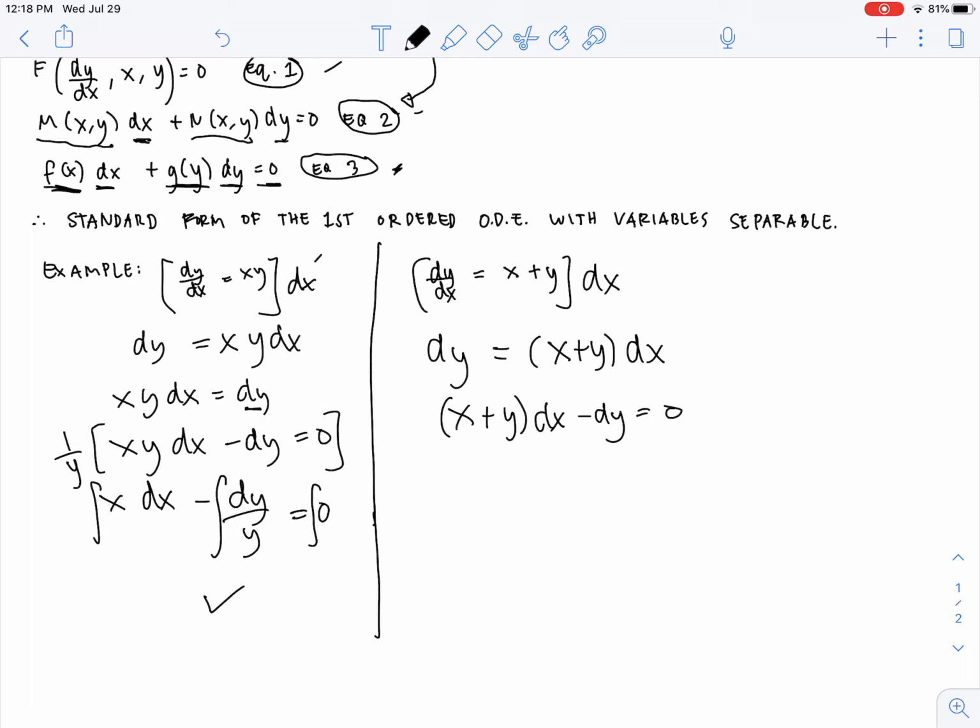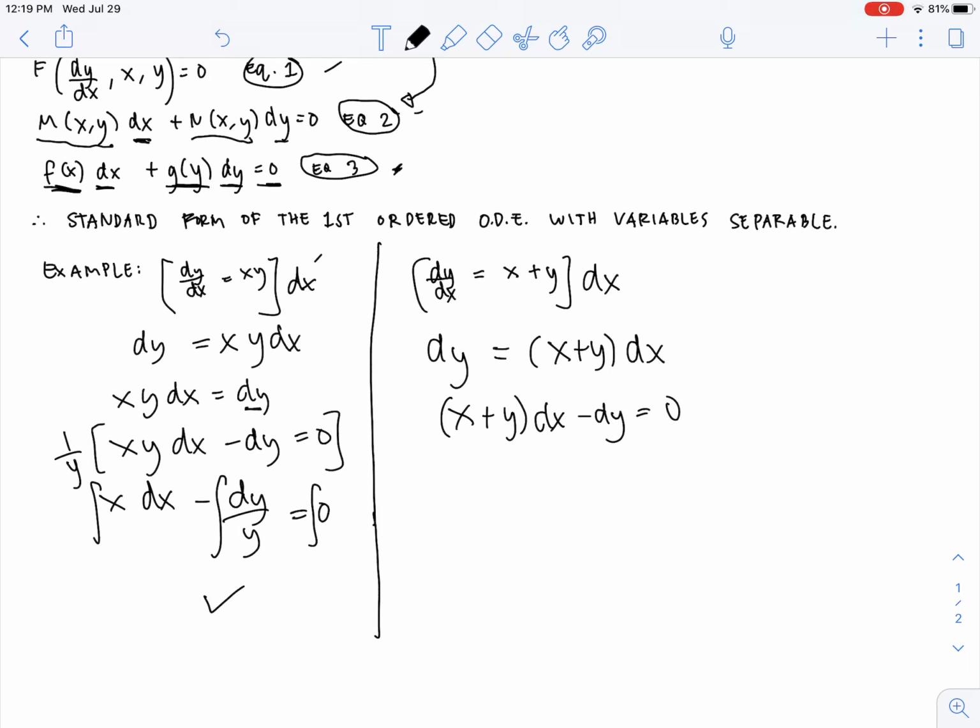So next thing to do is we'll try to manipulate this equation to make it in the form of equation number 3. So the x should go with dx, and the y with dy. But the problem here is that whatever we do to the equation, the x and y cannot be separated because of the plus sign.